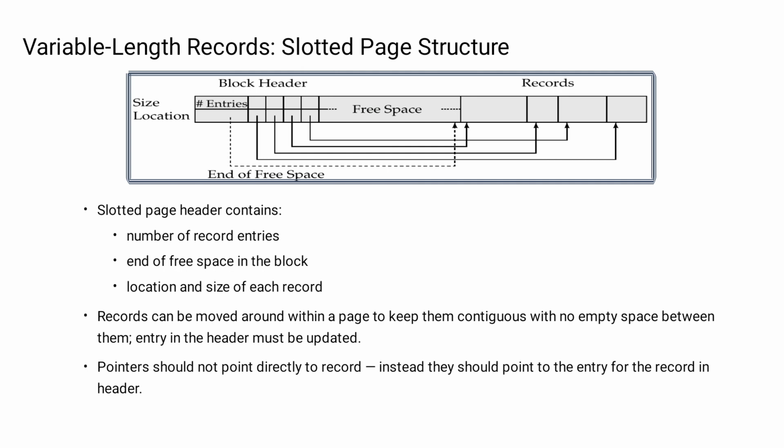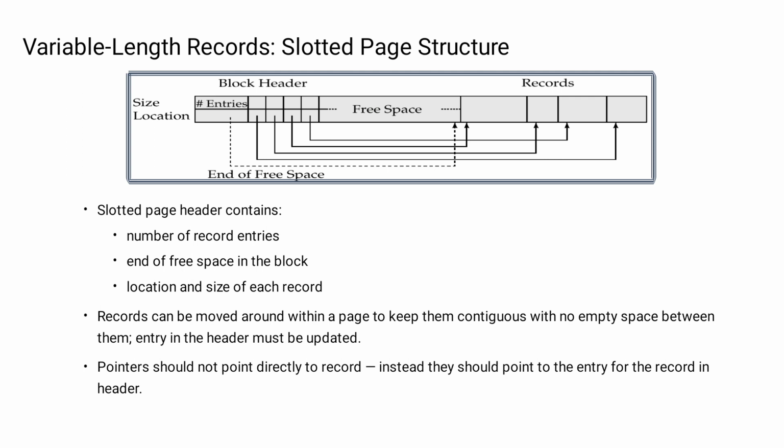The free space in the block is also contiguous, between the final entry in the header array and the first record. If a record is inserted, space is allocated for it at the end of the free space, and an entry containing its size and location is added to the header.